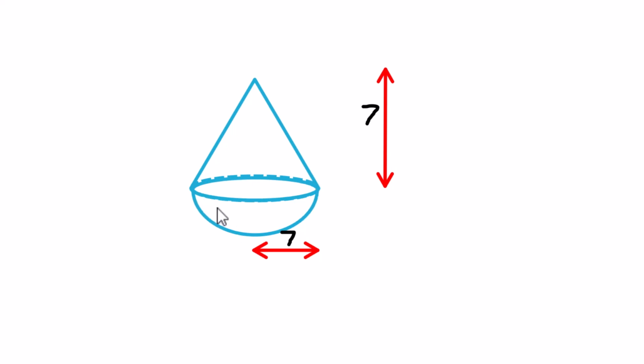It's just the external part of this entire figure that we are expected to calculate. All right, which means we have to calculate the curved surface area of this cone and the curved surface area of this hemisphere at the bottom.